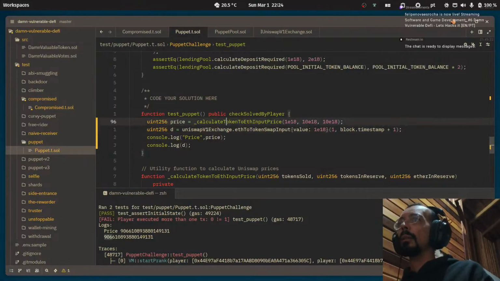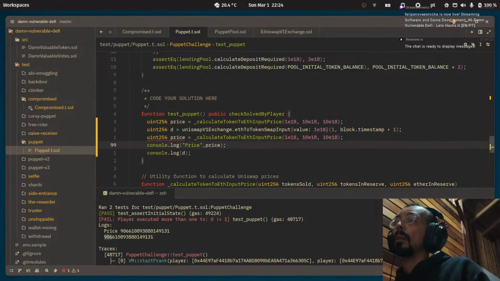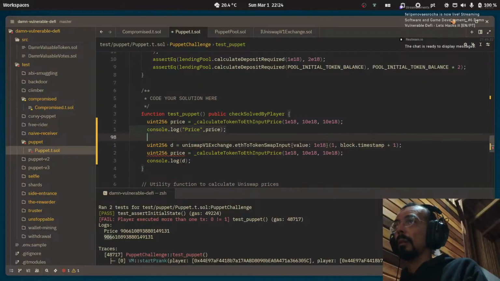If I try to calculate again the price, I could do something like that, right?